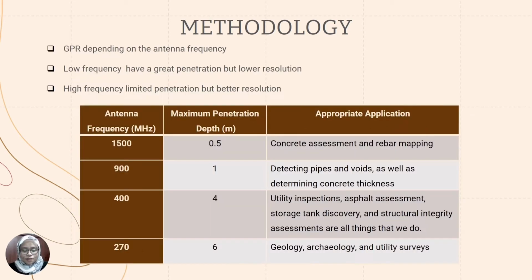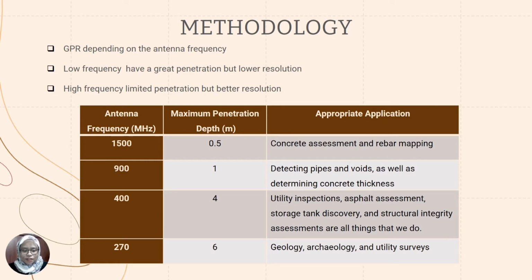As we can see on the slide, the GPR depends on the antenna frequency, where the low frequency has great penetration but lower resolution, and the higher frequency has limited penetration but better resolution.